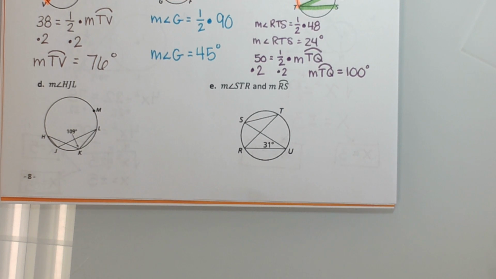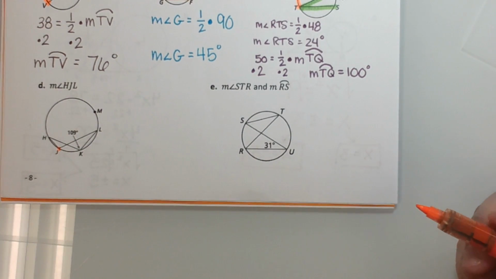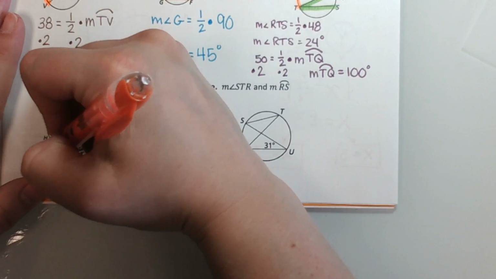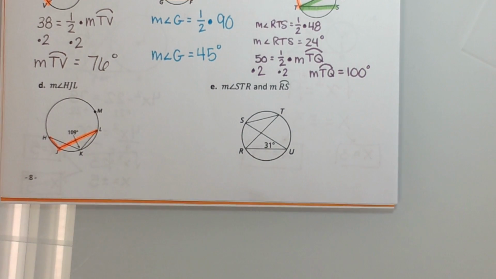Next thing I'm looking for is the measure of angle HJL. J is the vertex. Remember, middle letter is the vertex of an angle. The other 2 letters tell you what sides to go on. Go towards H, go towards L. Do you notice that we don't know a single arc in this problem?